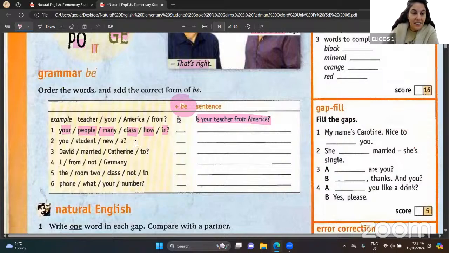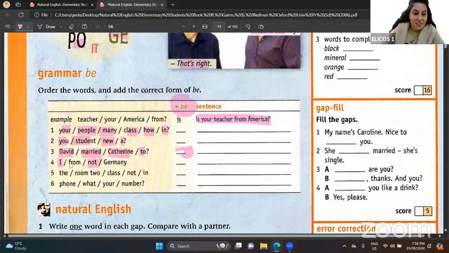So are you a new student? Number 3. Is David married to Catherine? So make sure we add is here, is.